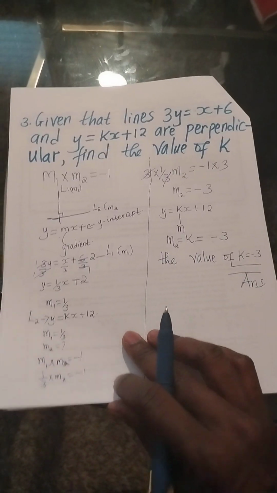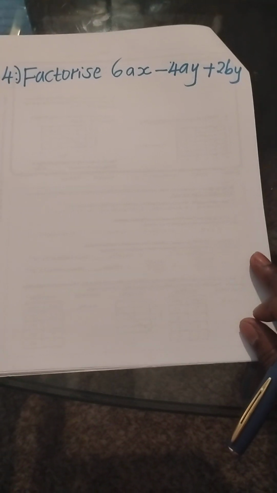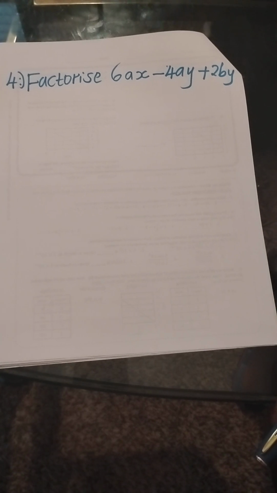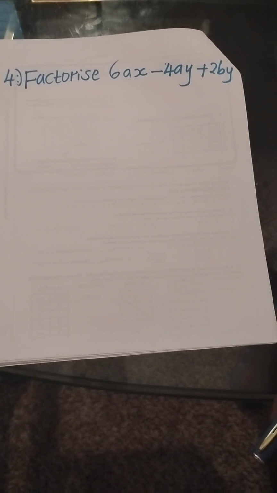Question 4 talks about factorization. We are being asked to factorize completely. Now when I look at question 4, I have 6ax minus 4ay plus 2by.